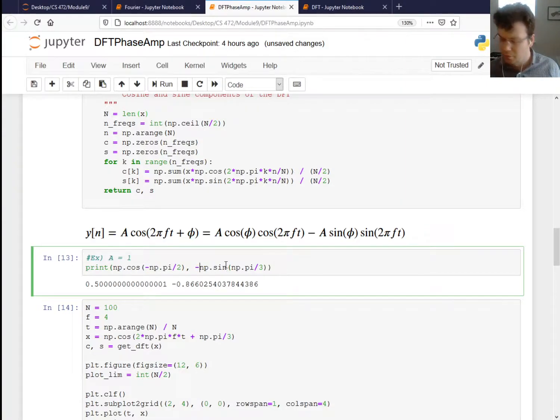But here, this would then turn this into a positive pi over 2. So if your phase is negative pi over 2, that actually turns this into a sine. This is a trig identity.